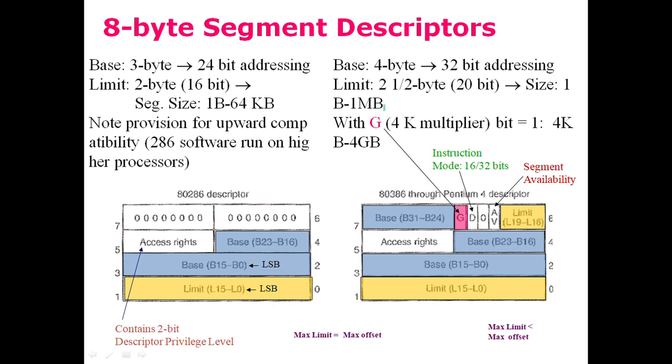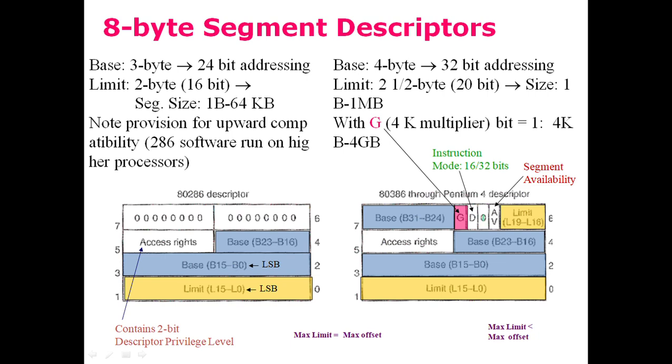The limit is 2.5 bytes, that means 20 bits is the limit here. So the first 2 bytes, byte 0 and byte 1, provide the 16 bits of the limit, while the rest of the bits are taken from the rightmost bits of byte 6, which were unused in the 80286 descriptor.